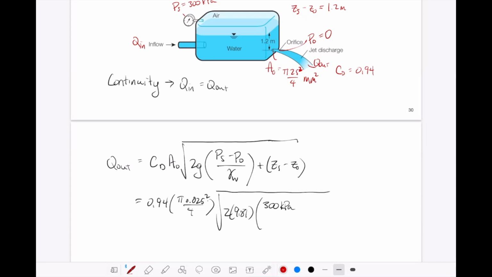So we just have 300 over the specific weight of water, which at 20 degrees C is 9.79 kilonewtons per meter cubed. And our change in elevation is 1.2 meters.